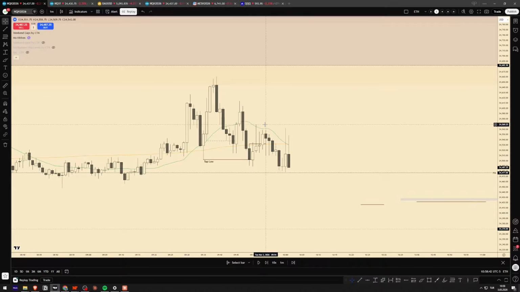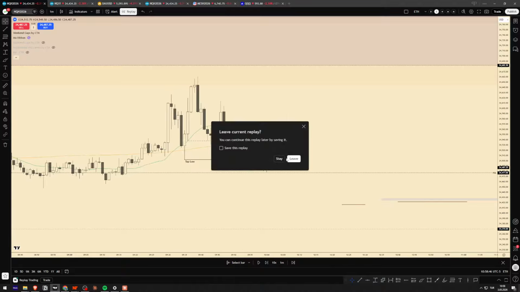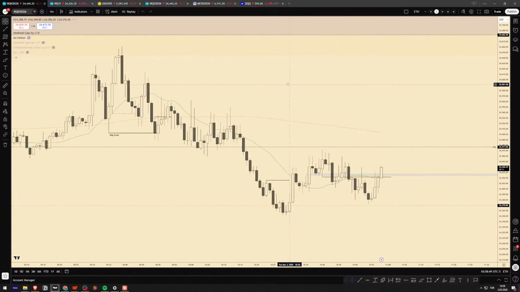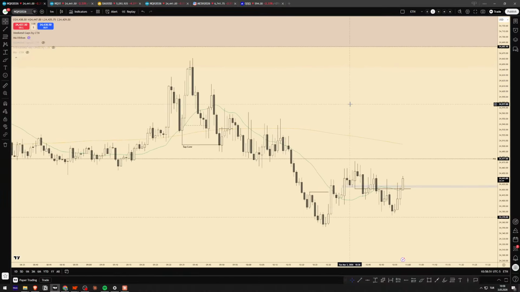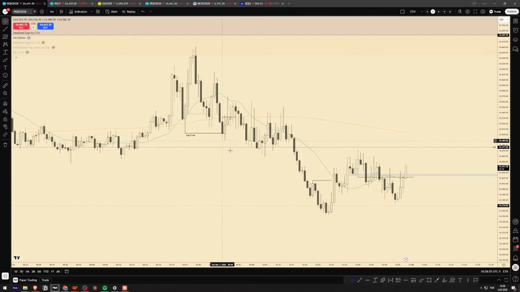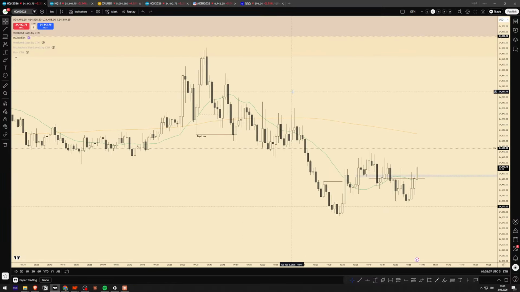If price just swept this, I could have ended with profits. It doesn't really matter. What matters is what I did was not a terrible mistake, right? I didn't do a big mistake.